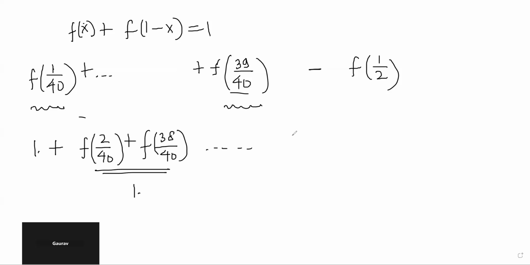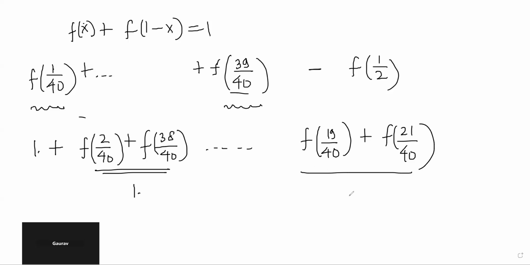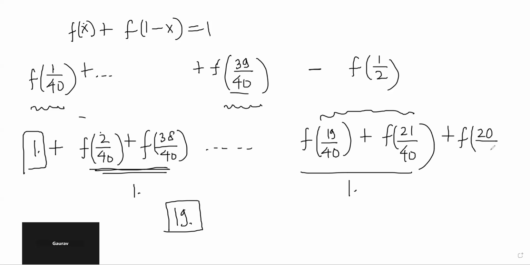Like this, you can go till 19 by 40 plus 21 by 40. That also becomes 1. So we have started with f of 1 by 40, the second one f of 2 by 40, and the 19th time you are doing this will be 19, right? Then what is left? F of 20 by 40.